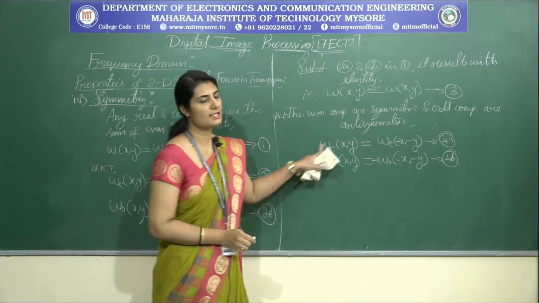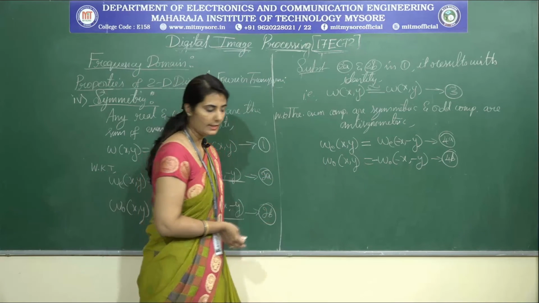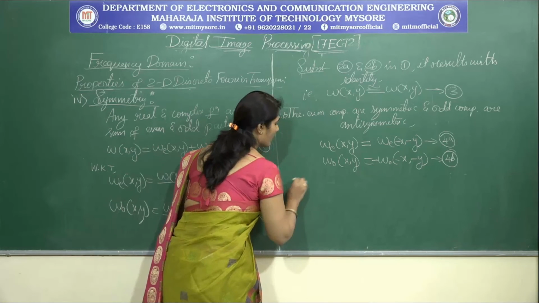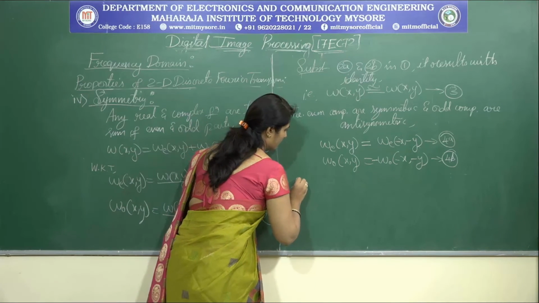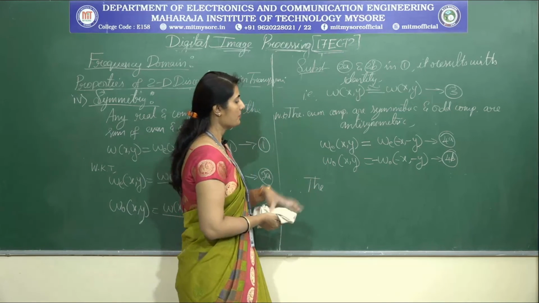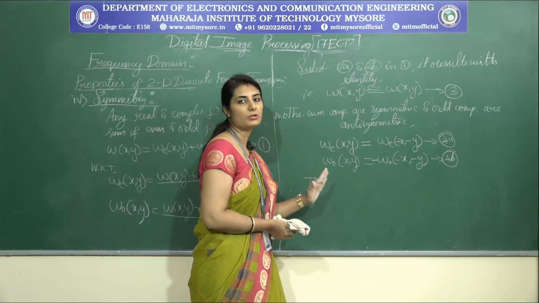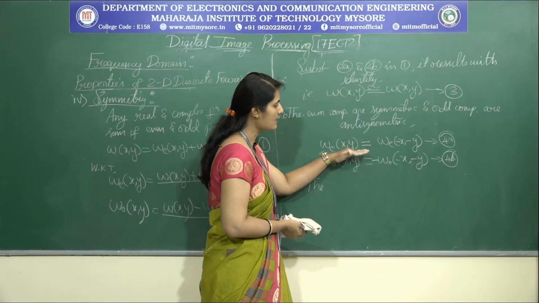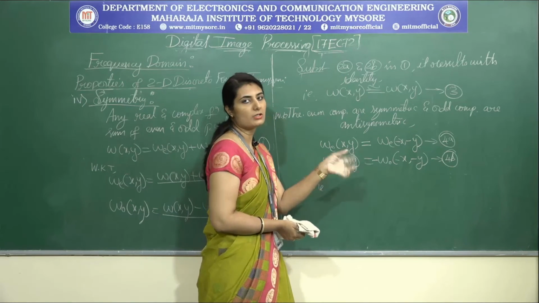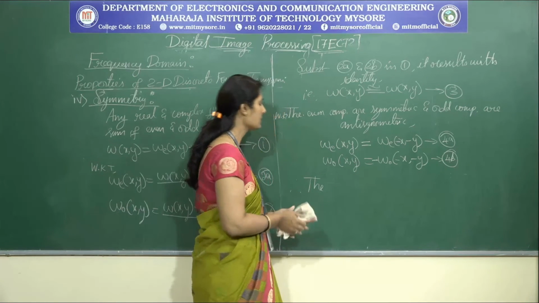So the even components are symmetric and odd components are antisymmetric. We also know that the product of even and odd components is always equal to 0. Since one is symmetric and the other is antisymmetric, the product nullifies and results in 0.